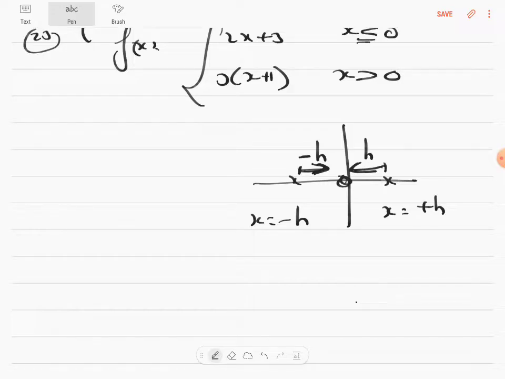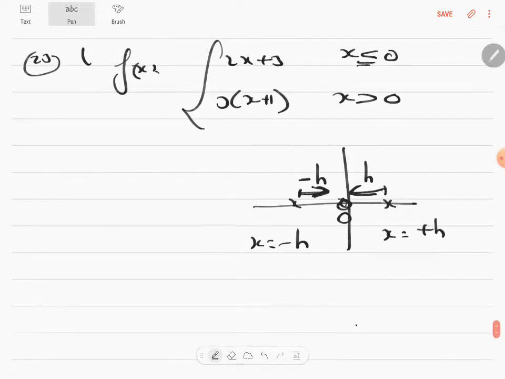If you are approaching 2 from the left and 2 from the right, x will become 2 minus h and 2 plus h. If you are approaching 3 from the left and 3 from the right, you become 3 minus h and 3 plus h. If you are approaching pi by 2 from the left and pi by 2 from the right, it will be pi by 2 minus h and pi by 2 plus h. But here you are approaching 0 from the left and 0 from the right. So x is equal to minus h and x is equal to plus h.